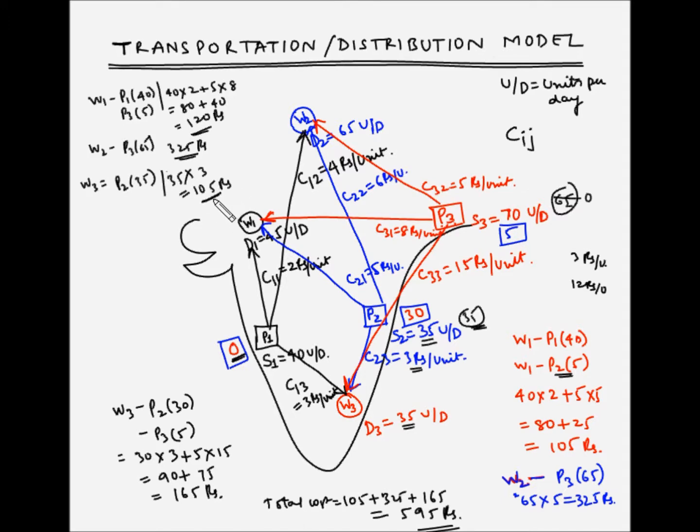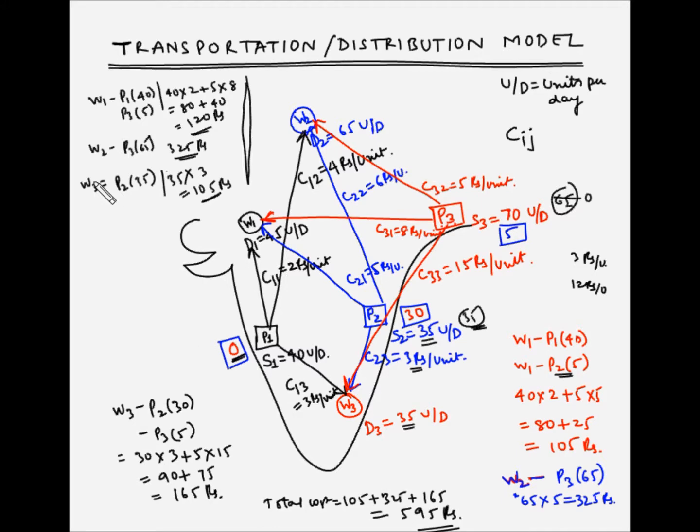So here the benefit we are getting is of 60 rupees, while the additional cost that we incurred with this solution was 15 rupees. Because 120 minus 105 is 15, and 165 minus 105 is 60.